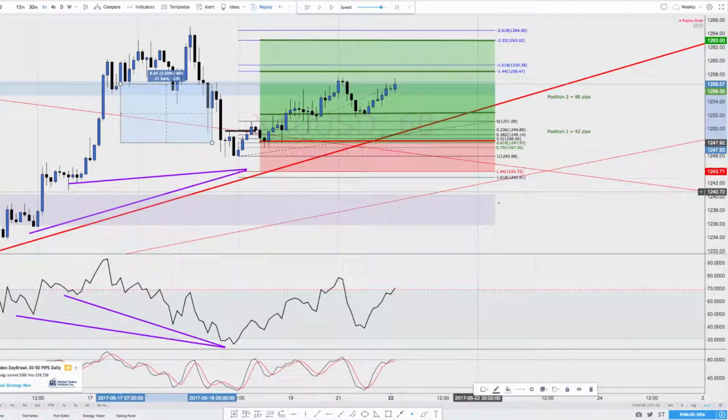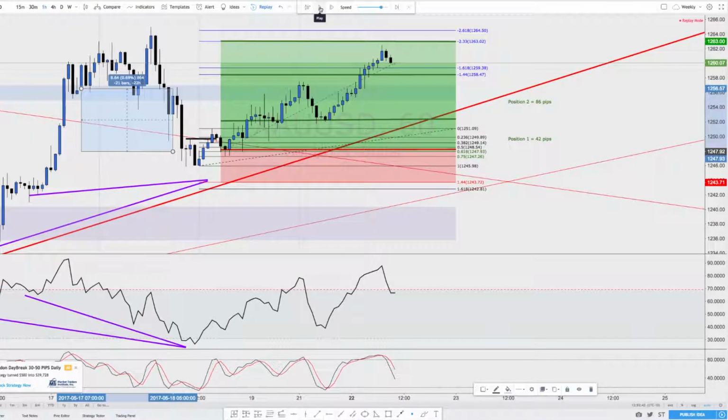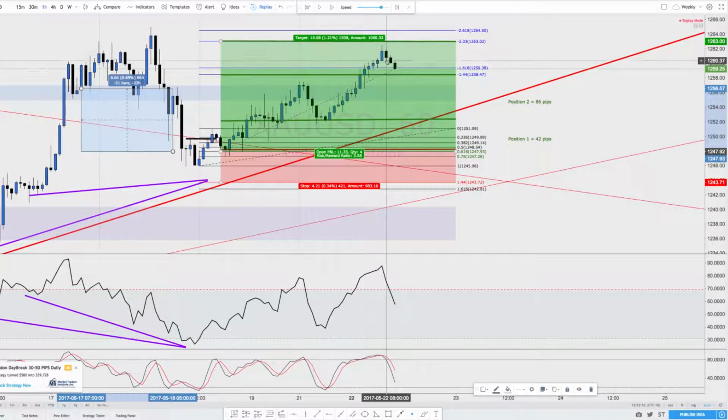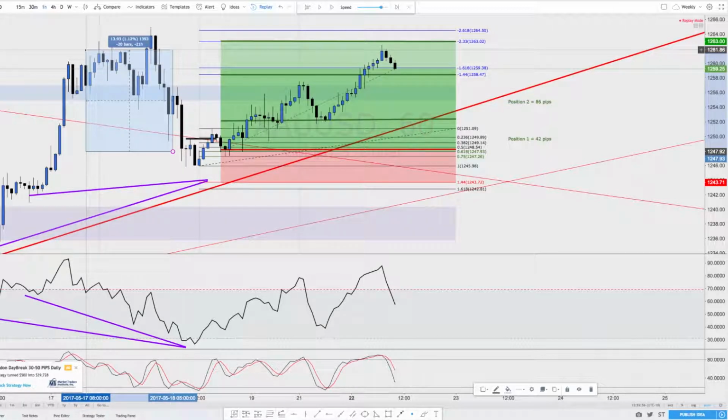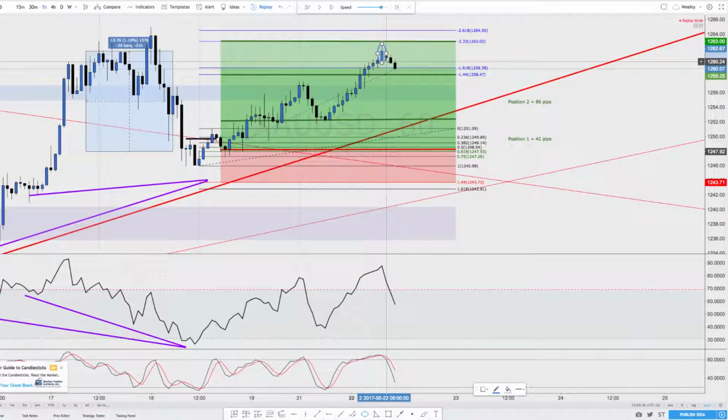We have position 3 open and position 4 open. Let's run the chart. Alright, sorry I couldn't stop the chart, but position 3, I would have taken profit at the close of this bullish candle.